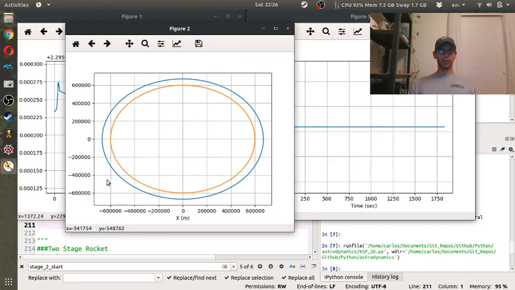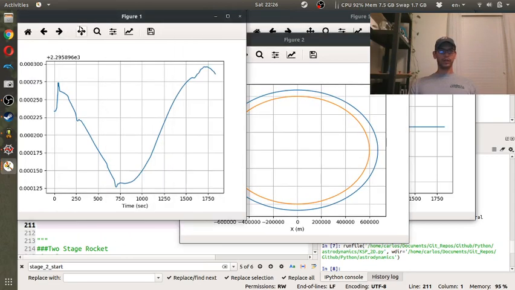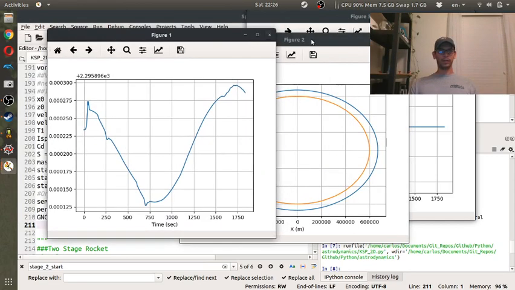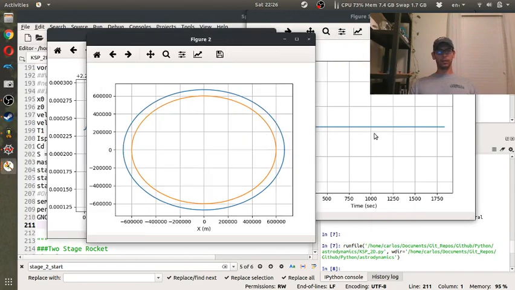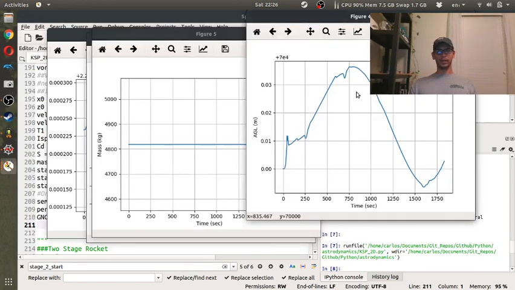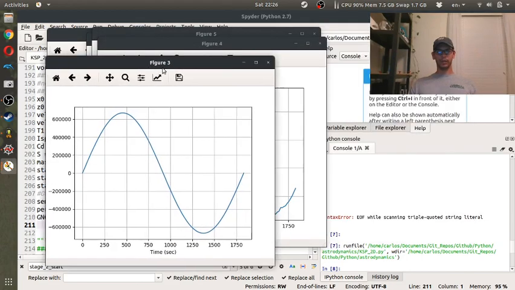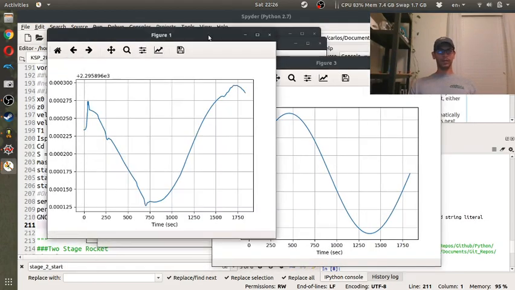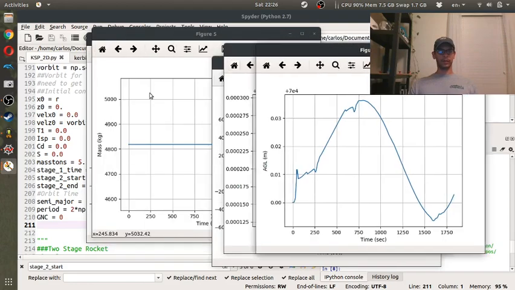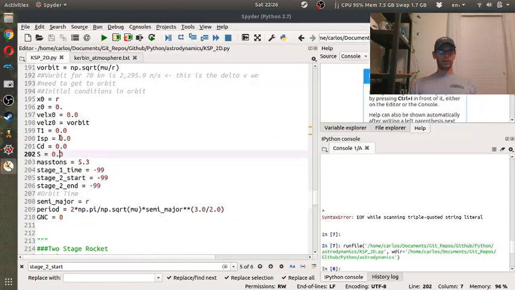So I should be perfectly in orbit around the planet. I don't know what this is, it's figure 1. And here's the mass, constant, altitude, there's x, and that's probably z. I don't know what these things are. But it doesn't matter, I'm in orbit, okay?